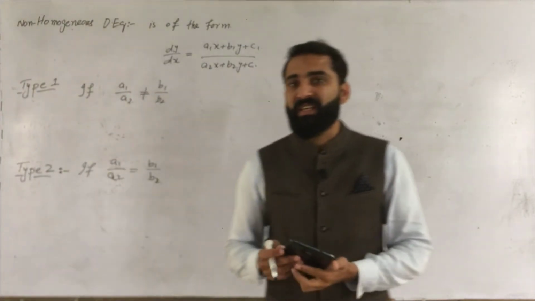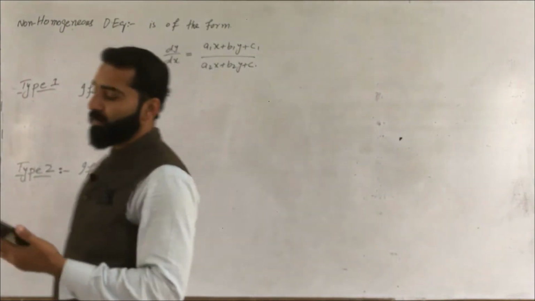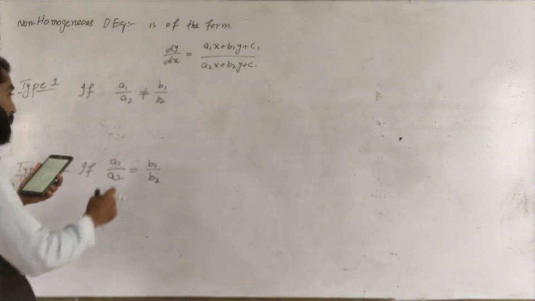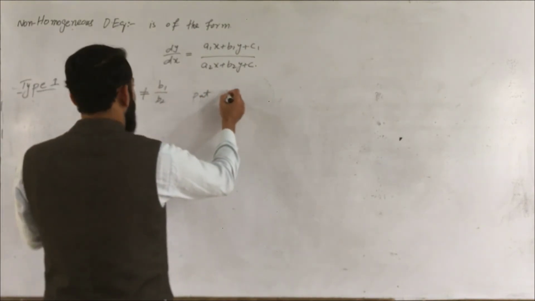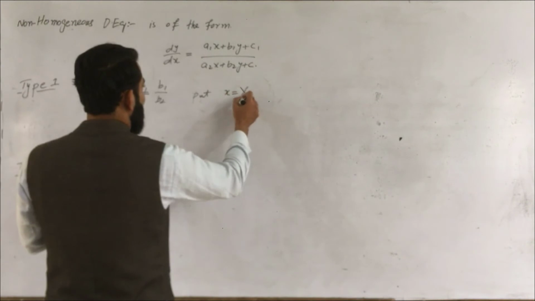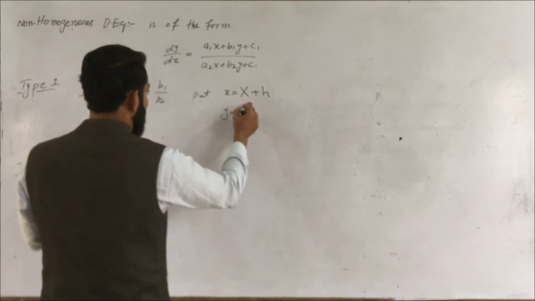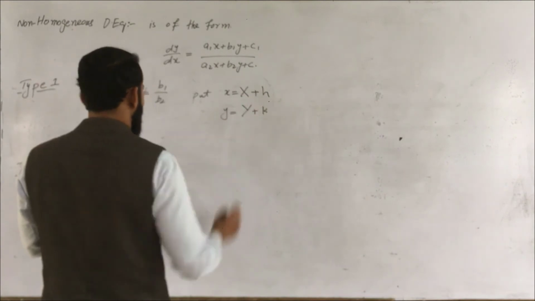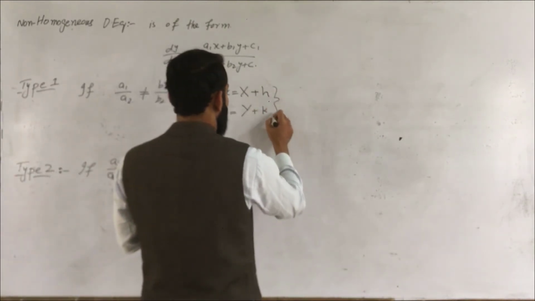Now we are going to discuss how to solve the first type and the second type of non-homogeneous differential equation. For solving the first type, put x is equal to capital X plus h and y is equal to capital Y plus k, where h and k are constants to be determined.